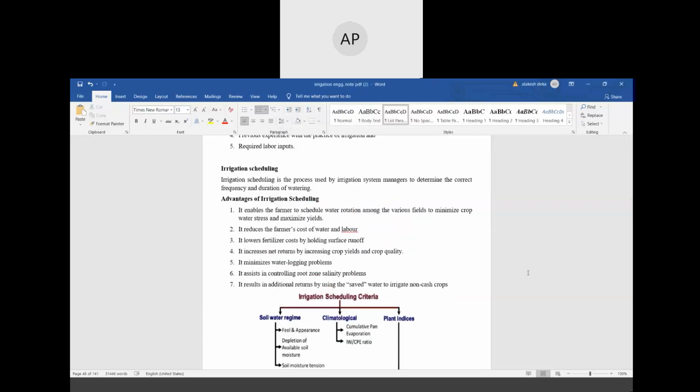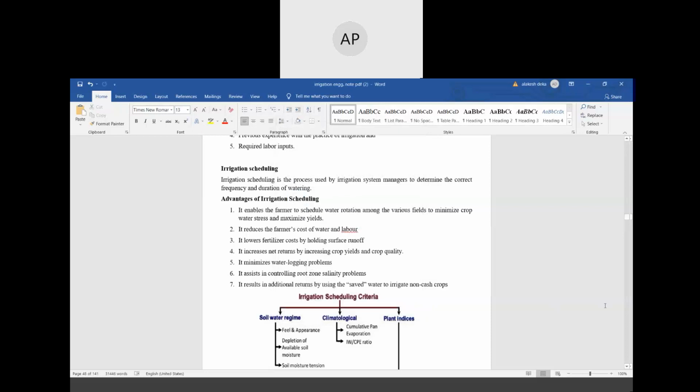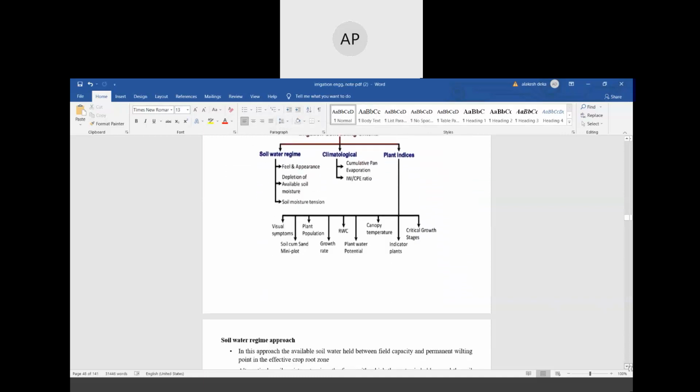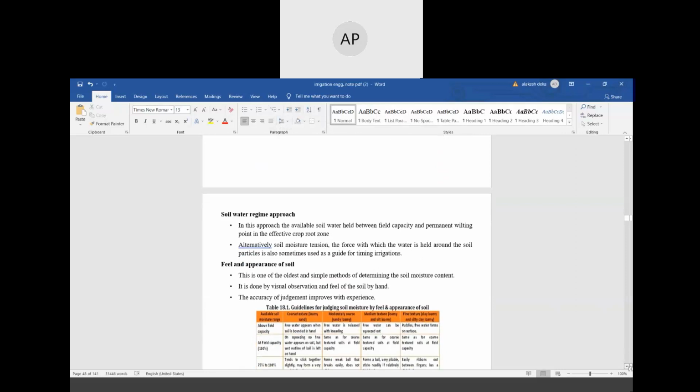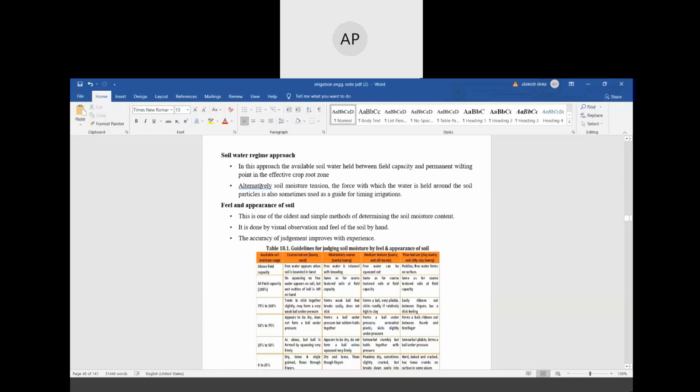Whenever I want to show some videos, my recording is interrupted. That's why I cannot show video. The recording is not saved to my computer if I show videos, and if the recording is not available, I will not be able to upload it to YouTube.